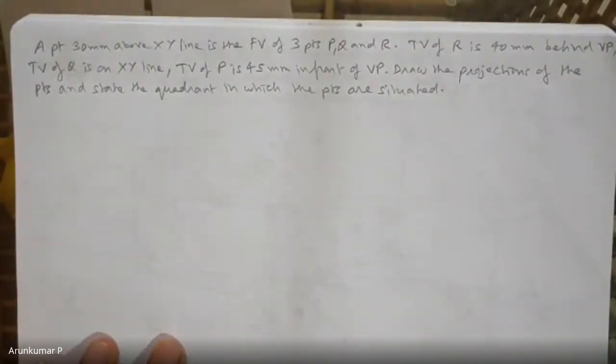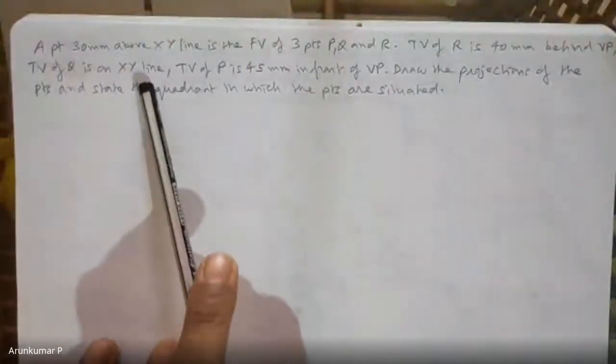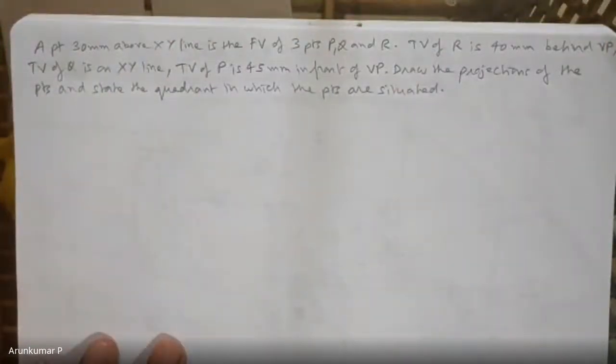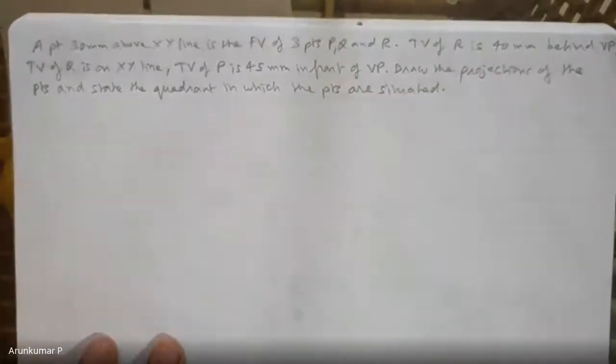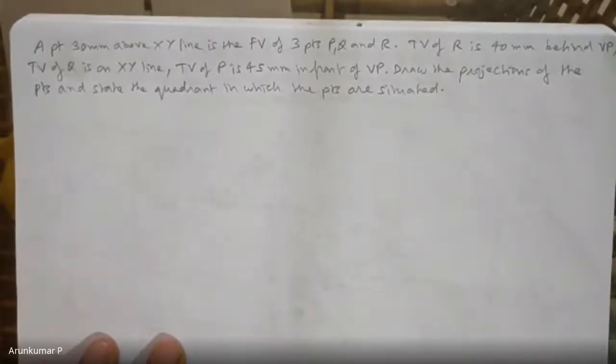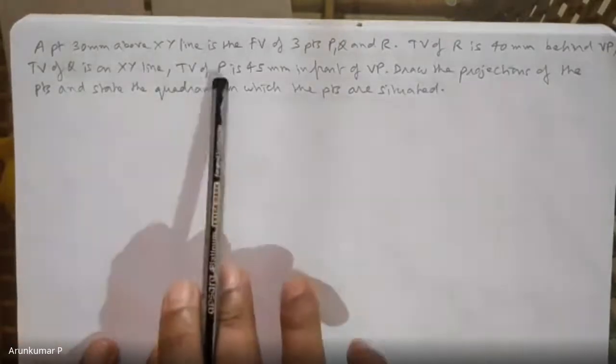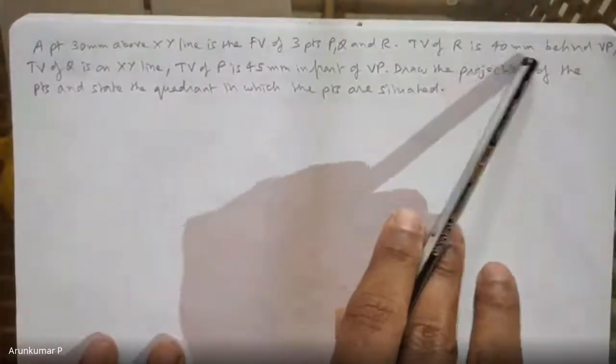That is why its top view is coming on XY line. So we can say that this point Q is common to first and second quadrant because it is on vertical plane. How about point R? R is 40 mm behind VP.